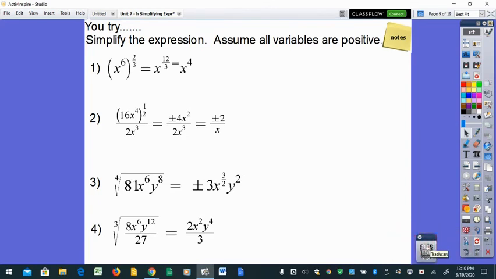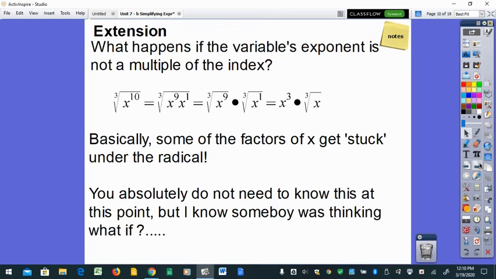That's pretty much all we need to know with variables at this level, but I'm sure somebody out there might be questioning this. What happens if the variable's exponent is not a multiple of the index? So for example, x to the 10th, 10 divided by 3. There is a way we can partially simplify this. If I take that x to the 10th and make it the product where this variable is a multiple of that, I can do a little bit of simplifying.